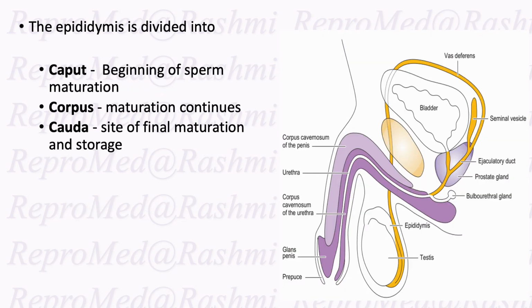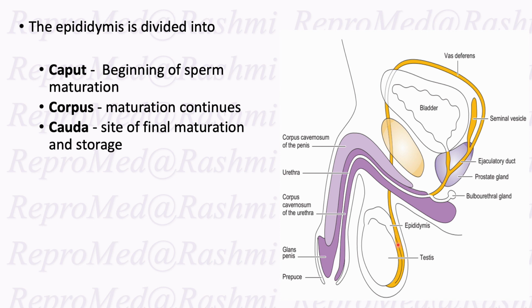The epididymis is divided into caput, corpus and cauda. We can see here this is the epididymis and this is the caput, meaning the head of the epididymis. Here there is the beginning of sperm maturation, while this is the corpus. Corpus is where the maturation of the sperm continues.